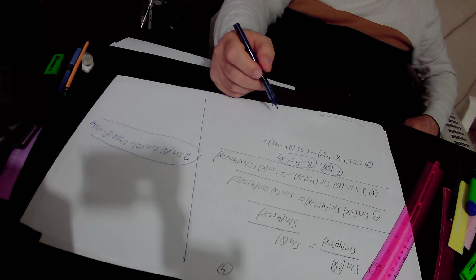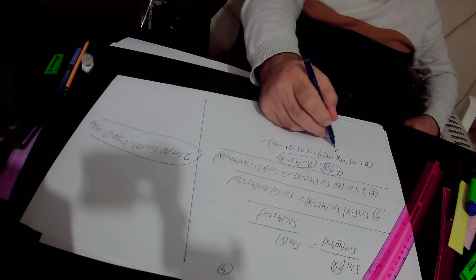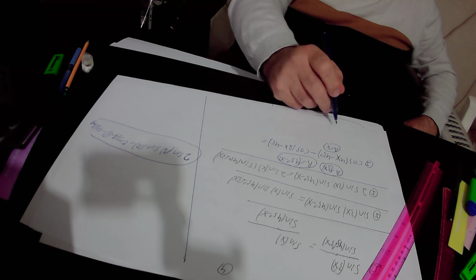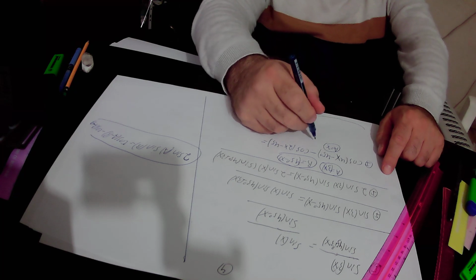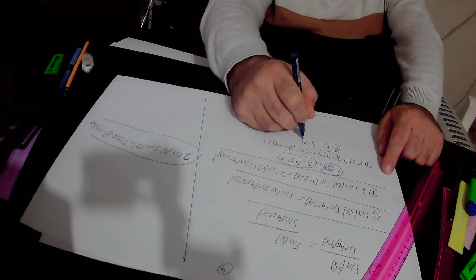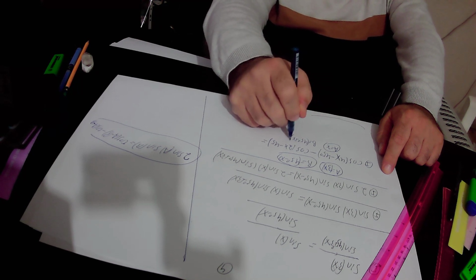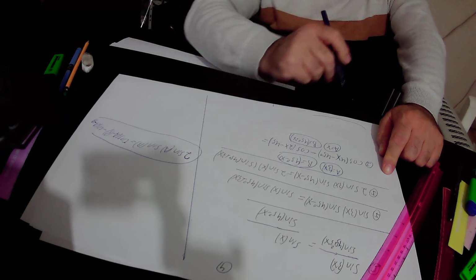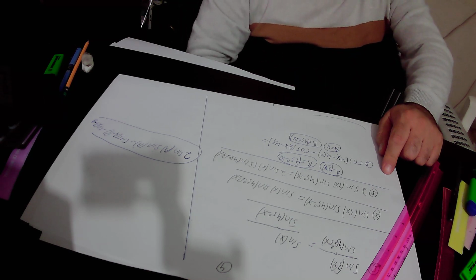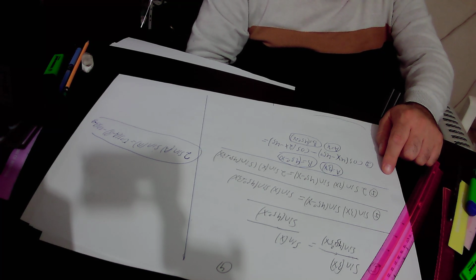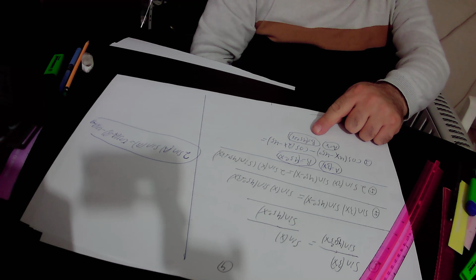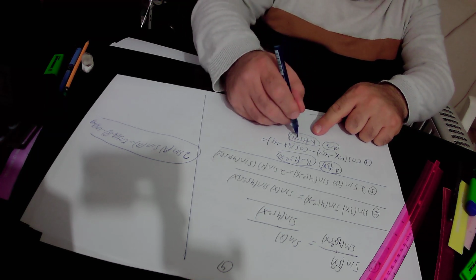In 2 sine x sine 45 degrees plus 3x, here A will be equal to x and B will be equal to 45 degrees plus 3x.